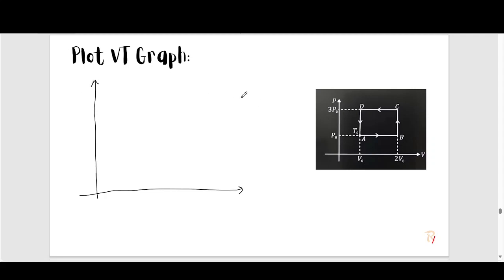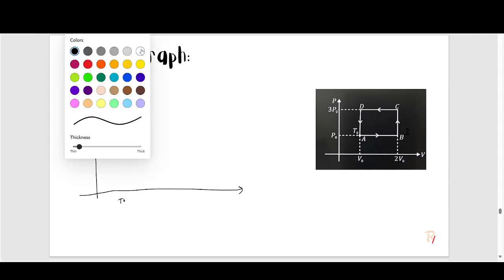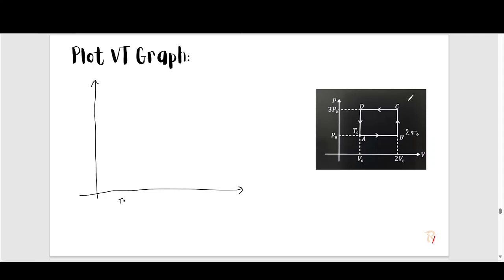Let me draw the similar values. T naught, 2 T naught, 6 T naught, and 3 T naught.